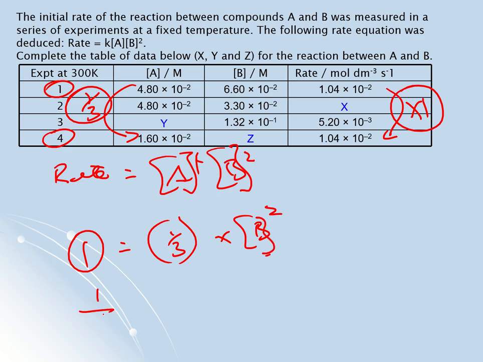So 1 divided by a third is 3, multiplied by 3 equals B squared.